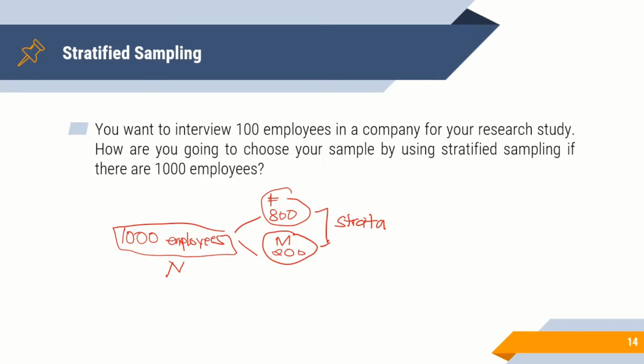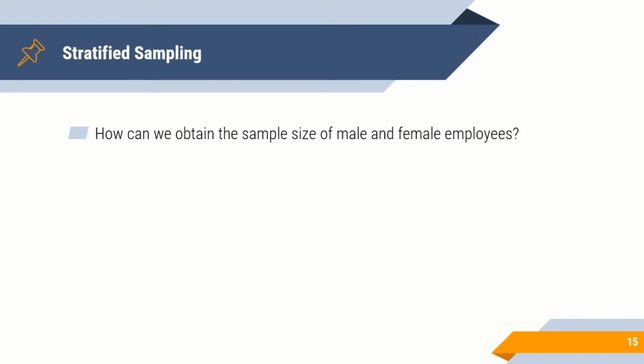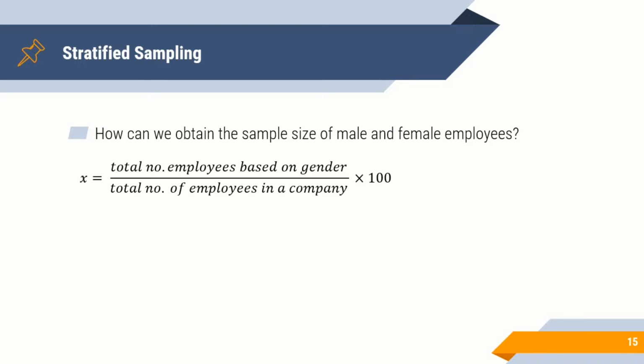Next, to obtain the sample size of male and female employees, we divide the total number of employees based on gender by the total number of employees in the company, and then multiply the result by the target sample size of 100. So this is our formula.